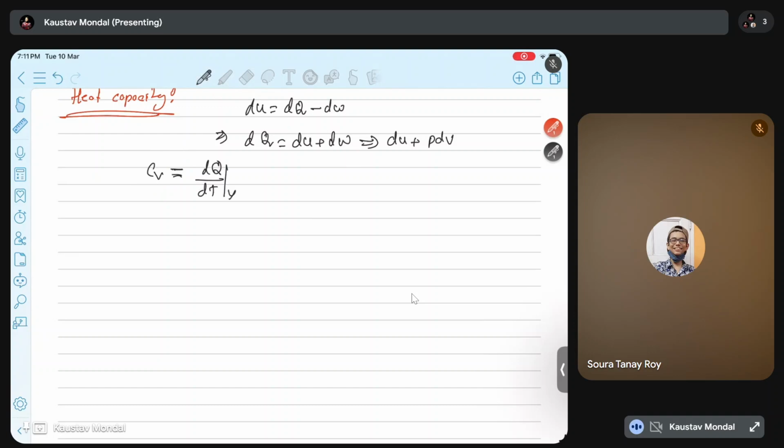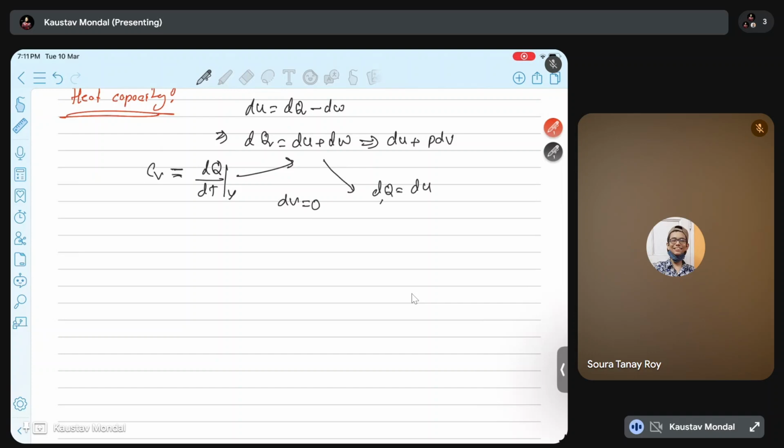Since dV is 0, we can write dQ equal to dU.